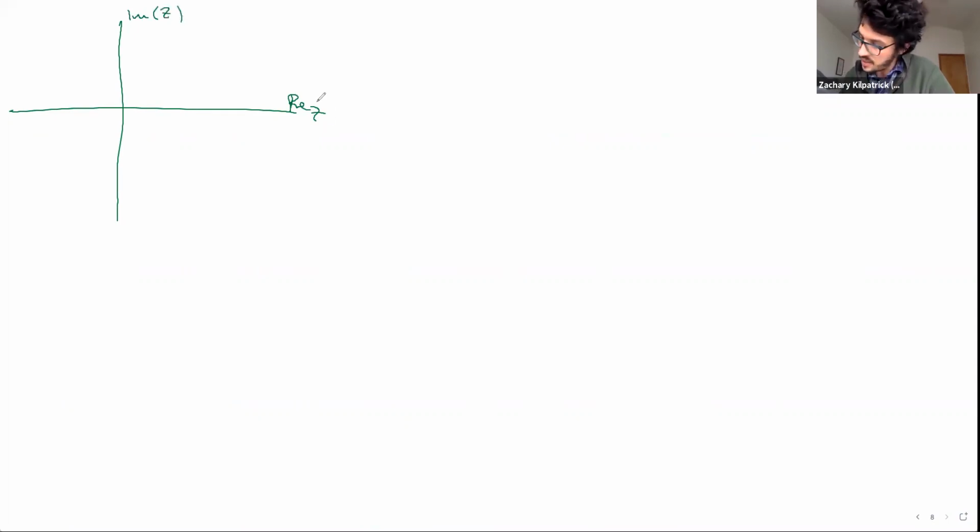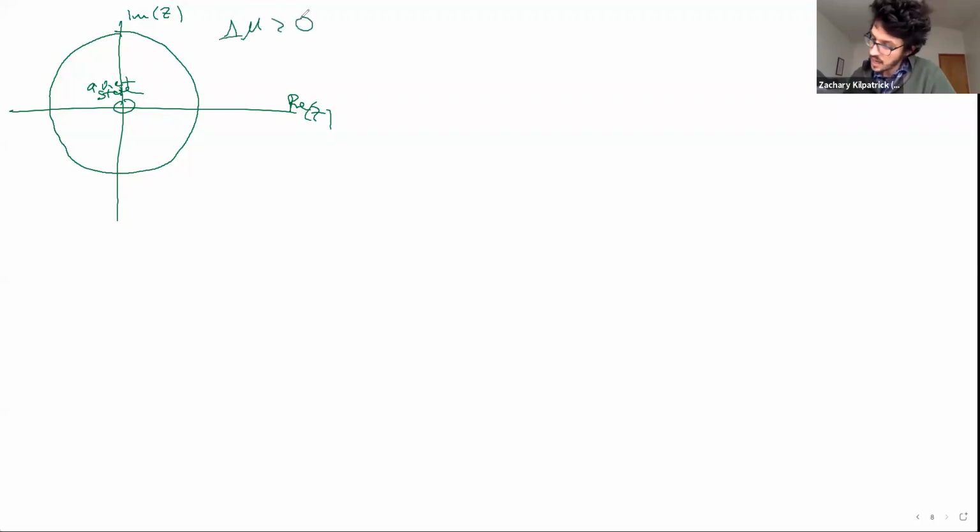So what we have then is in this plane, right? We have the real part of z, we have the imaginary part of z, okay? Here we have our quiet state, basically z equals 0, and we have this ring of stable fixed points for delta mu greater than 0, okay?